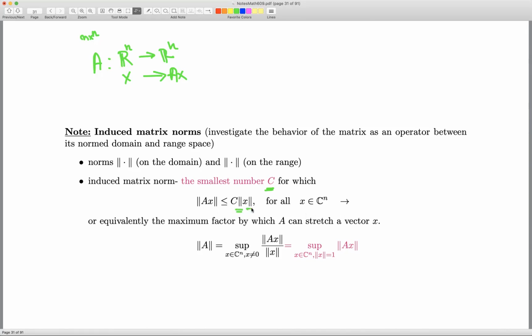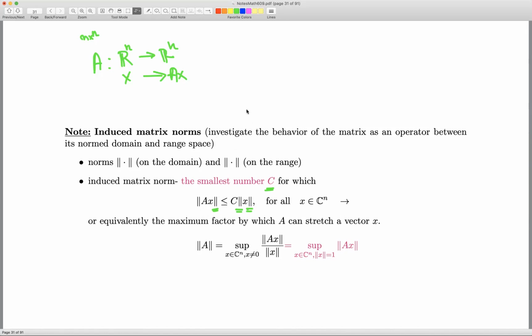This is a norm of a vector. And therefore, the norm of a matrix that I define this way, the smallest C, will depend on the vector norm that I have selected here. That's why this norm is called an induced matrix norm, or a matrix norm that is subordinate to a particular vector norm.